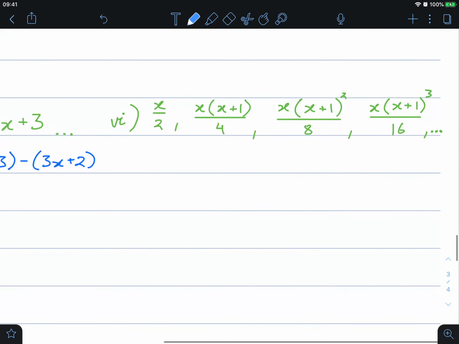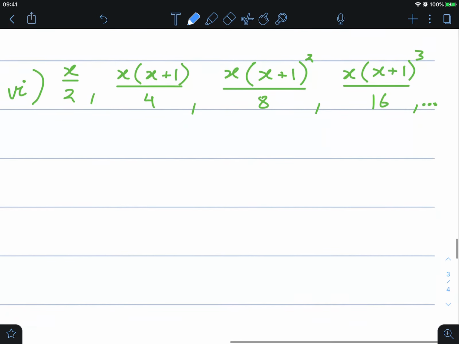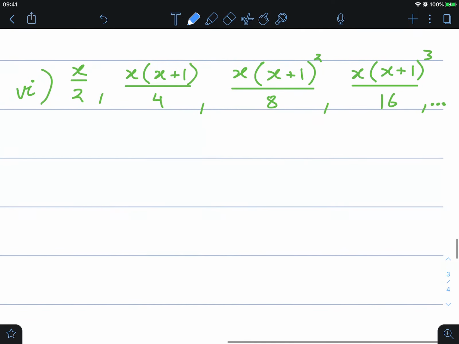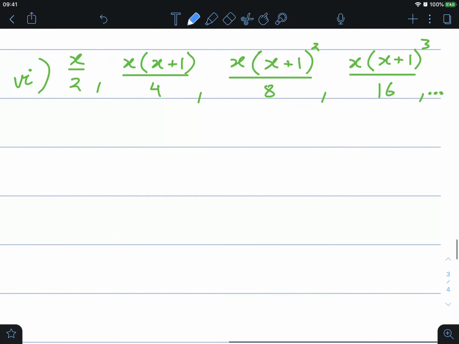You can probably guess that this is going to be a geometric progression, but now let's just try and figure out what the common ratio is. This one's rather more difficult, but I'll take you through how we go about doing it. Let's pick any term. Pick this one here. So I'm going to write this as x plus 1 over 4.